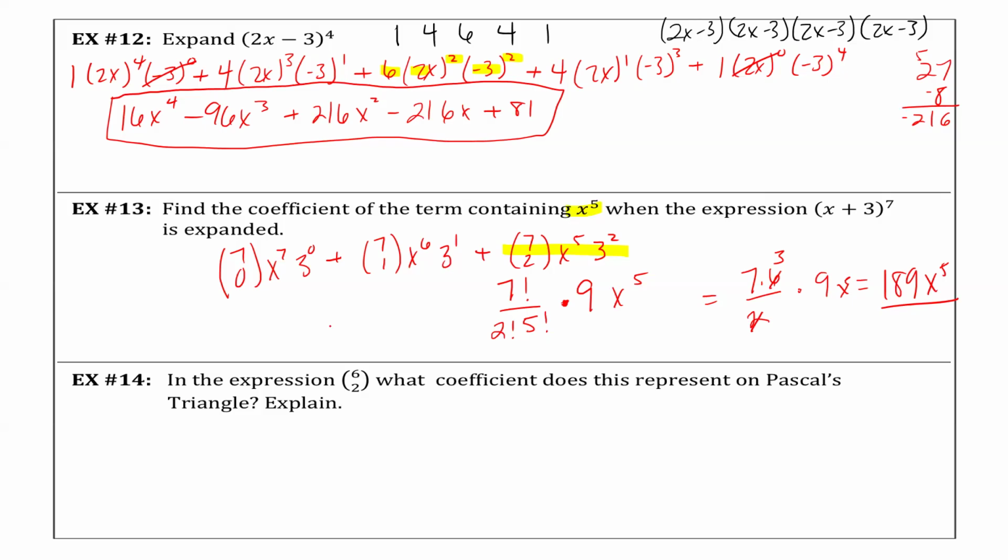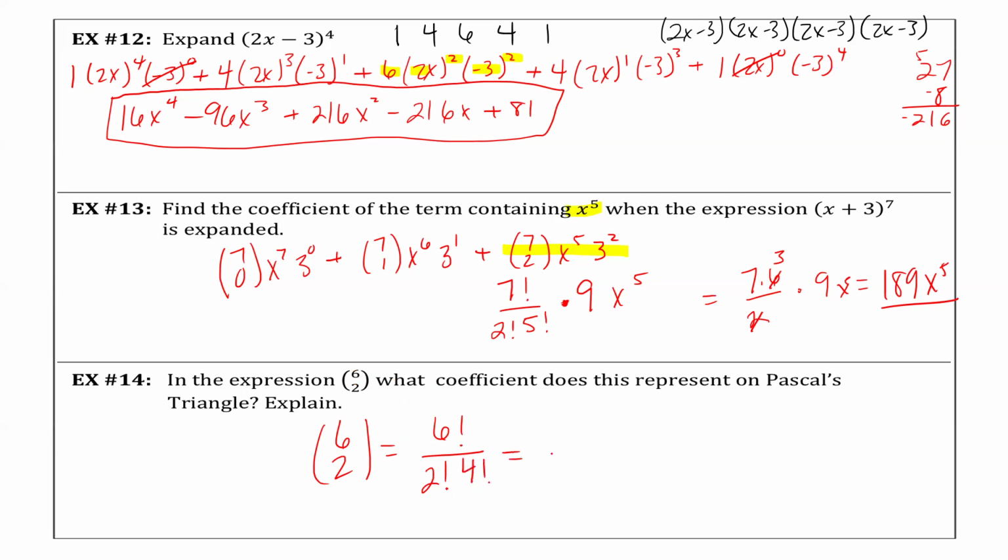All right, here we go. It's going to be the third. What does 6 over 2 tell me? 6 factorial over 2 factorial times 4 factorial.